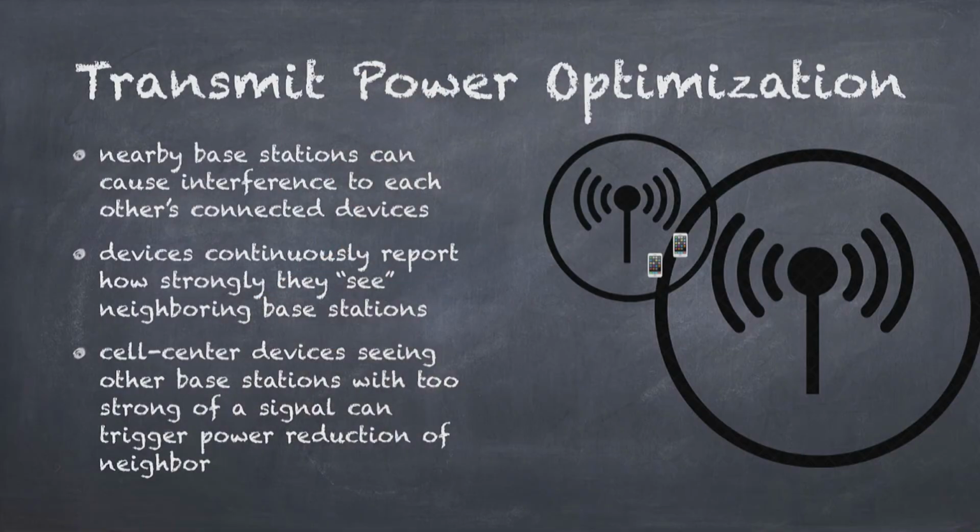Another algorithm that we implemented is known as transmit power optimization. Again, very basically, I mentioned that oftentimes the neighboring base stations are actually using the same RF spectrum.